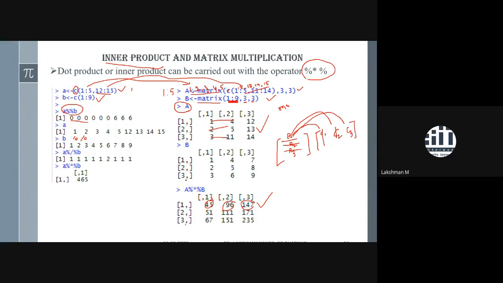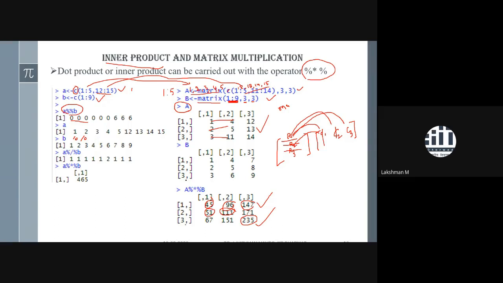Likewise, start with R2: the dot product of R2 with the first column of the second matrix gives this entry, and with the second column gives this entry. Likewise, the dot product of R3 with C3. So matrix multiplication is carried out as an inner product of rows and columns of the corresponding matrices.